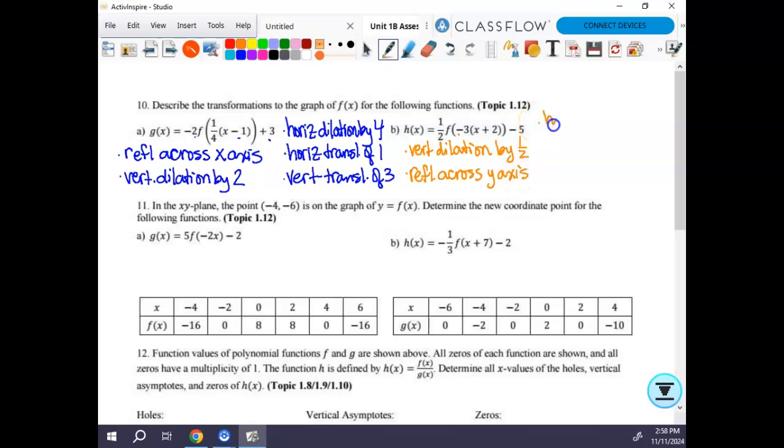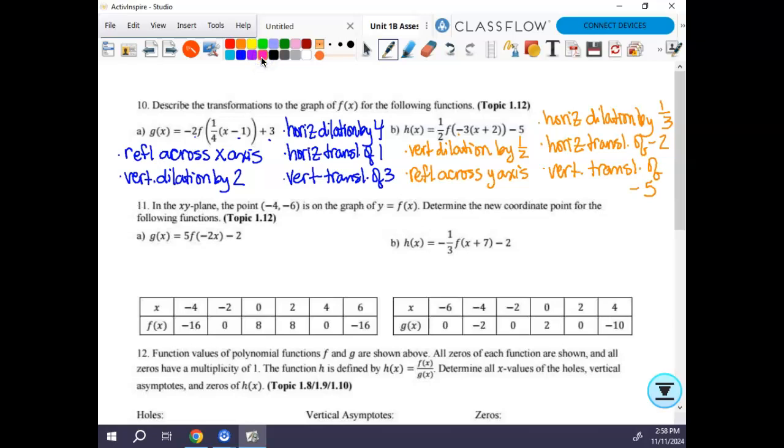That is a horizontal dilation by 1/3 because x is a liar. Then I have a horizontal translation of -2 because I'm going to the left, and then a vertical translation of -5 because I'm going down.